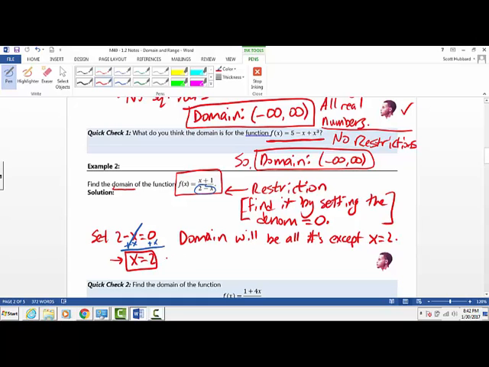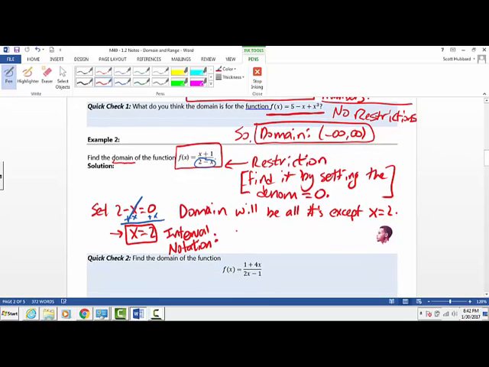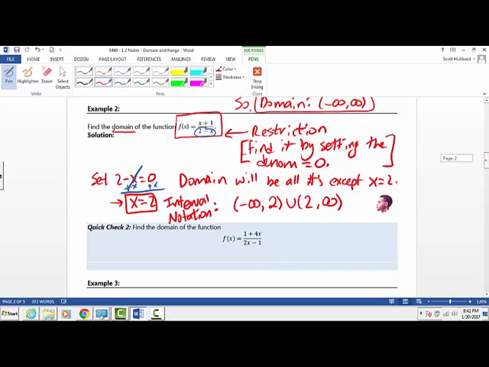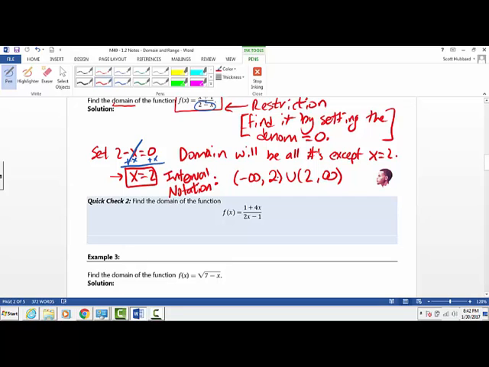Okay? And so with interval notation, the way we write it is this. We say, okay, x can be anything excluding 2. Probably the easiest way to see why that works is to take a look at this interval right here.